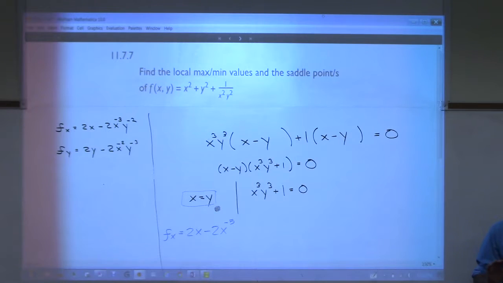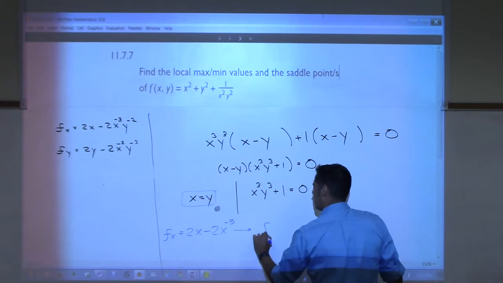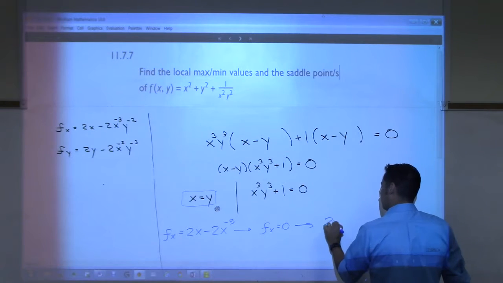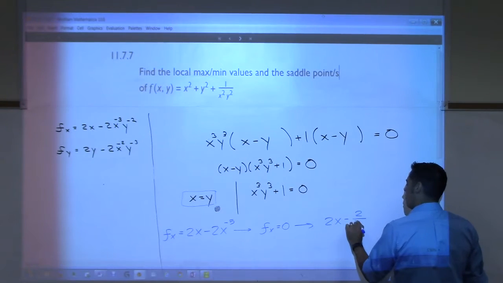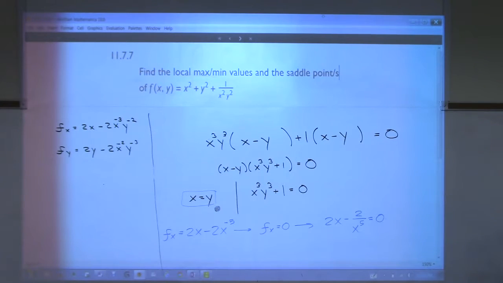That's my original equation. Now I need to set that to 0. So take that, set that to 0. And that would be 2x minus 2 over x to the 5th equals 0. Multiply both sides by x to the 5th.